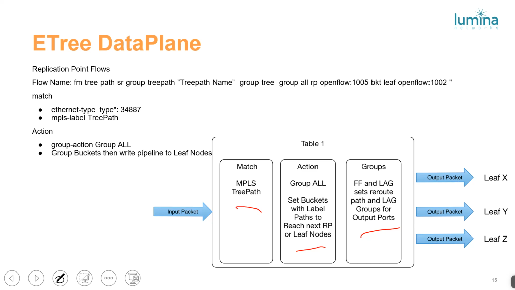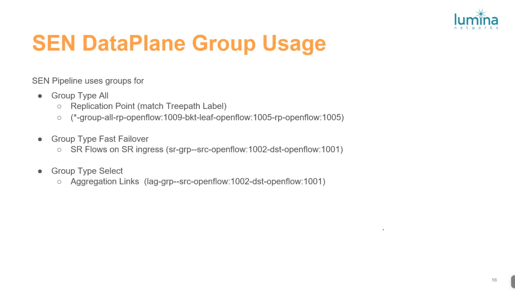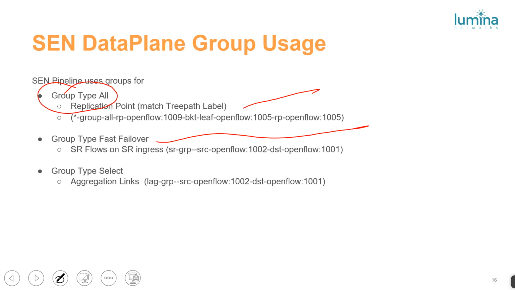Like we covered the groups in detail when we were talking about OpenFlow, so let's revise that again. These are the different types of groups that are used for meeting the E3 service requirements. Group type all would replicate the flows onto that many ports. Fast failover is another group that is used.